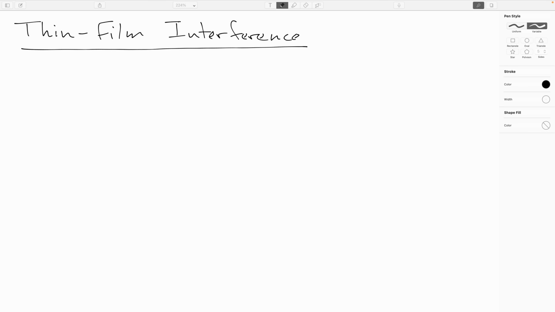I'd like to introduce one more interference phenomenon, which shows up in the world of optics, and that is thin film interference. So to start, I'll just ask you to think about the last time you were in a parking lot shortly after a rainstorm. You probably saw some little rainbow-ish things on top of water puddles in the parking lot.